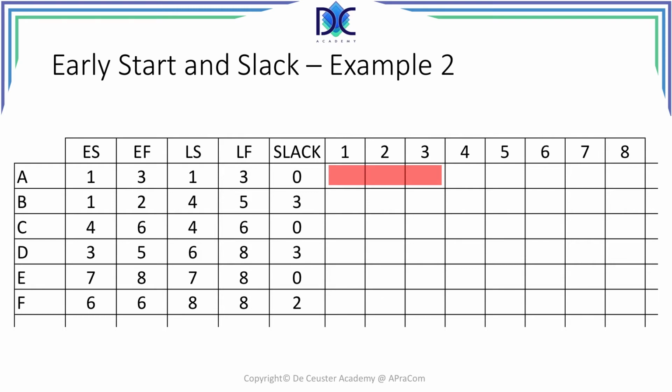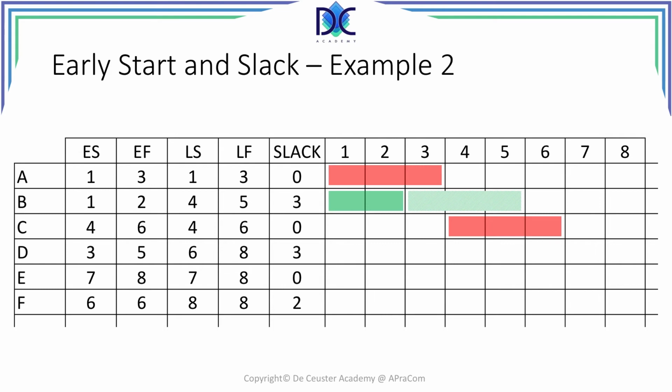For activity B, we know that it starts in period 1 and finishes in period 2 and has a slack of 3 periods. For activity C, it's again on the critical path and it starts from period 4 and it ends in period 6.